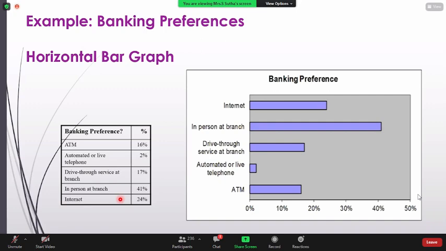So what are the non-overlapping classes here? ATM, automated or live telephone, drive-through service at branch, in-person at branch, and internet. What is the measurement level for this variable?